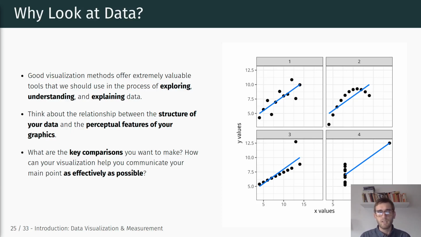And why this is important, on the right we have another canonical example of why data visualization is so important. This is the Anscombe quartet, which displays four different data sets with four different relationships between an x variable and a y variable.